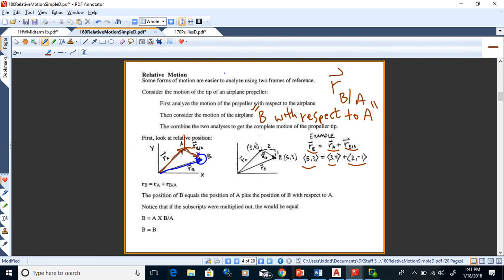Now, the way I remember this is if I take the subscripts out and put them into a little algebra equation, I'll get B on this side, A over here, and then I can put a multiplication in there and times B over A. So A times B over A is B, so B equals B. That's how I remember to get those subscripts set up properly.